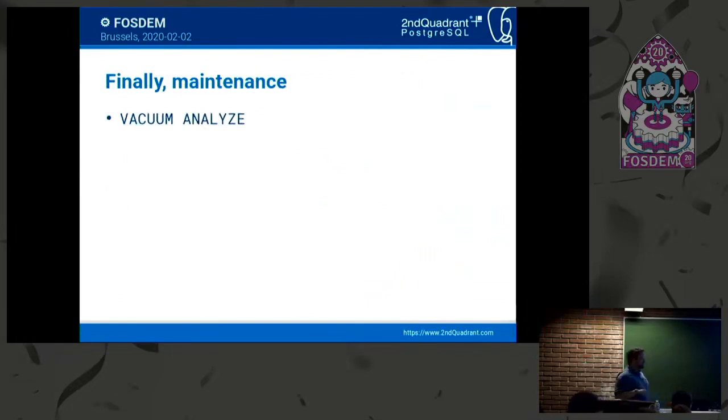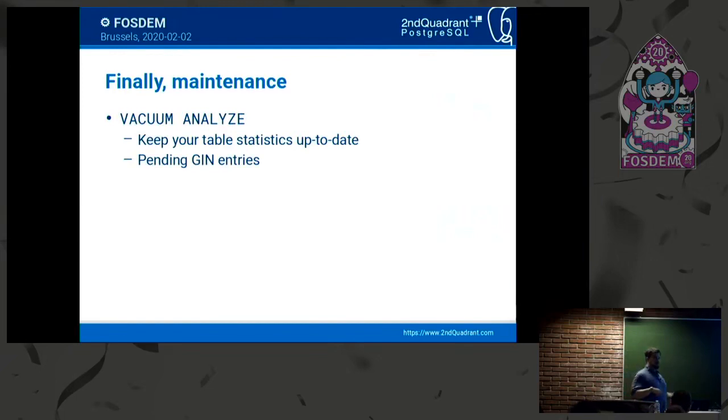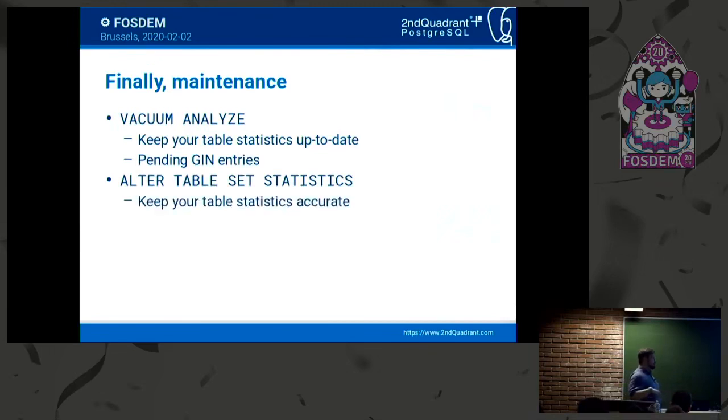Finally, make sure you VACUUM ANALYZE so that your table statistics are up to date, so that your GIN entries are integrated into the main index, because for update reasons, it keeps a pending list at the end, and only vacuum updates your GIN indexes. You can set your statistics.